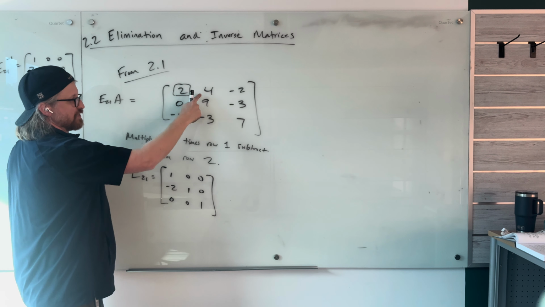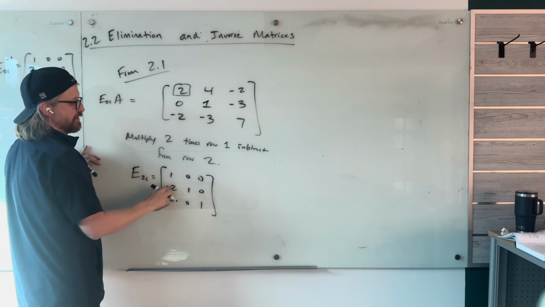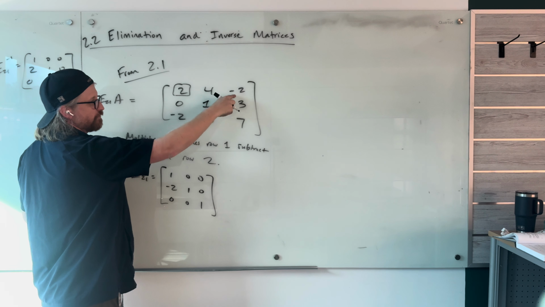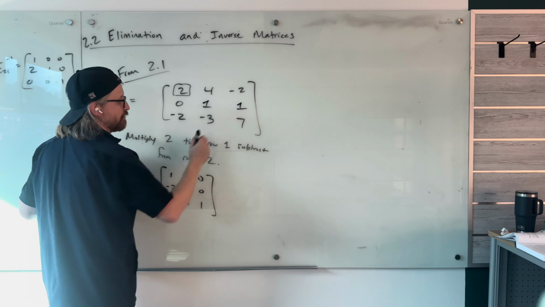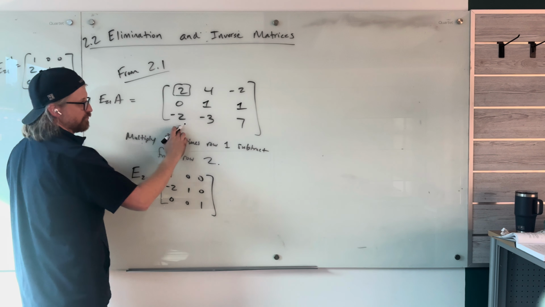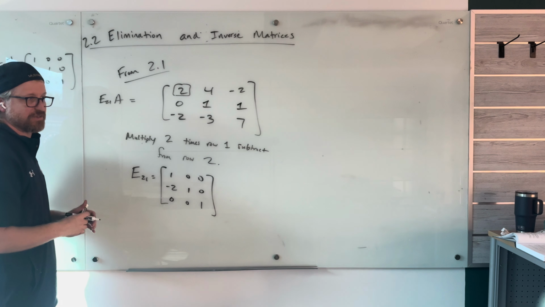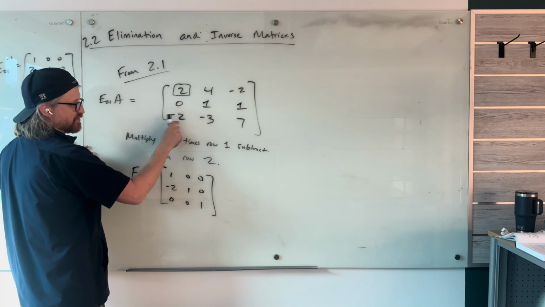Negative 2 times 4 is negative 8, plus 9 is 1. Negative 2 times negative 2 is positive 4, plus negative 3 is 1. And then my third row will stay the same, because we're only affecting that second row there. So 0, 1, 1.